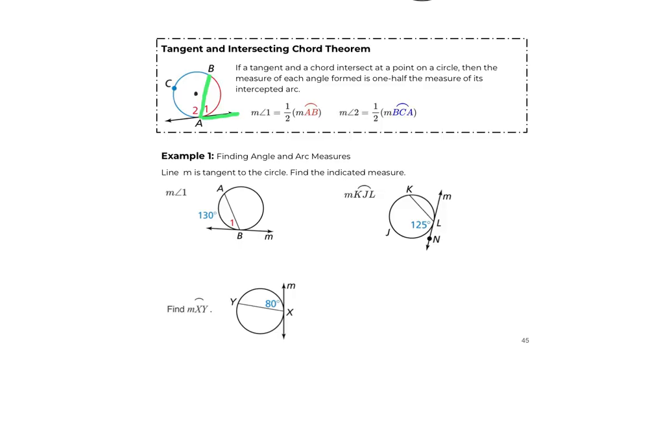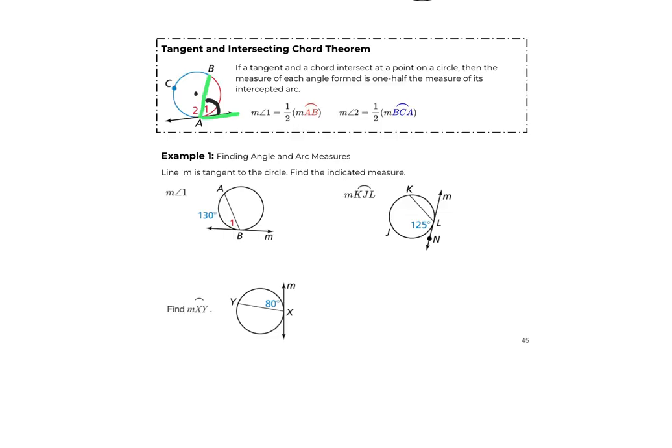And if I wanted to find angle 1 right here, it would be half of arc AB. So it's the same formula we did on Friday, because it's on the circle. The arc it opens up to is the arc between those two segments or lines, and all I have to do is divide it.